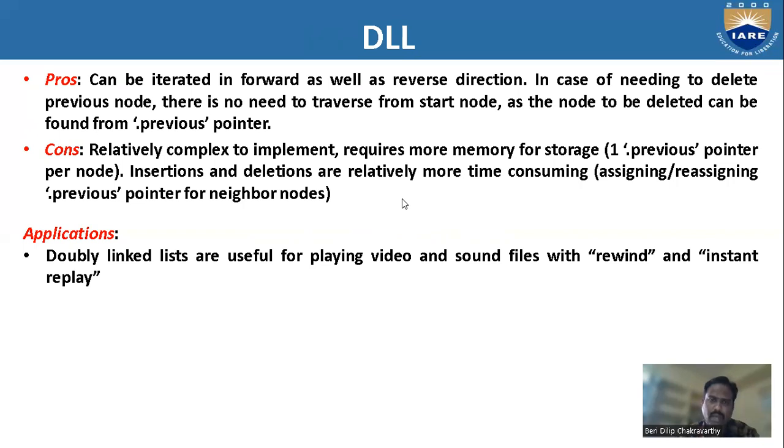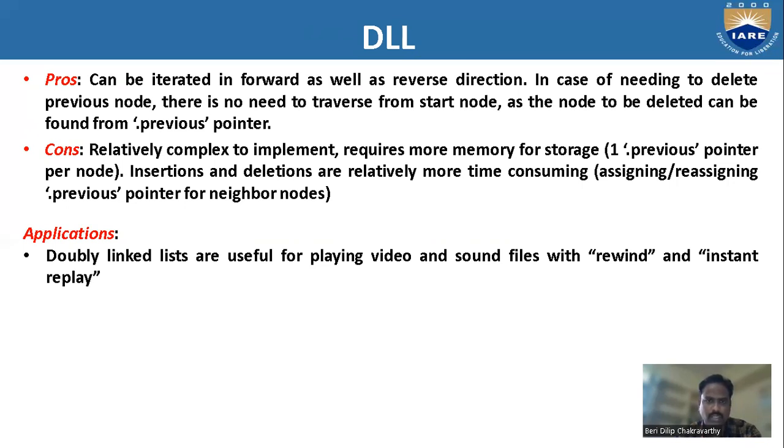Where are we using this double linked list? If you observe our videos or audios, you will be using rewind. You will be coming back and moving your video or your audio.